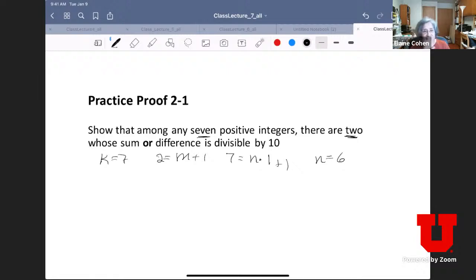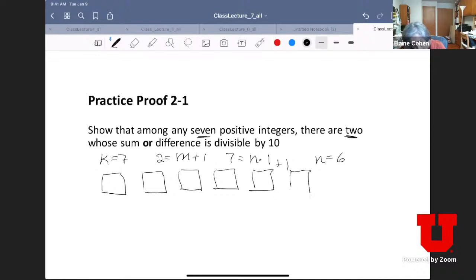Now, we haven't used anything about the sum or difference being divisible by 10 yet. So now we know we have 6 boxes. Now, how are we going to label them? Here's where the sum or difference divisible by 10 comes in.